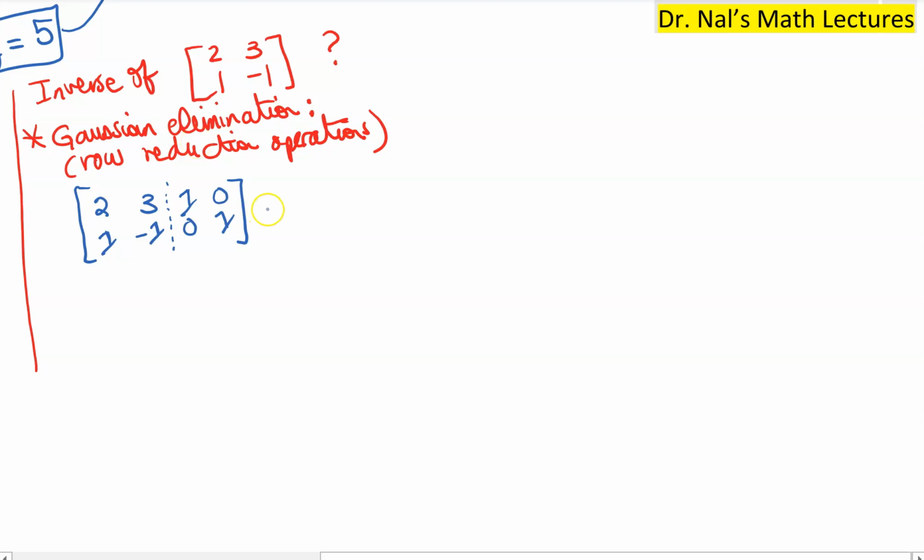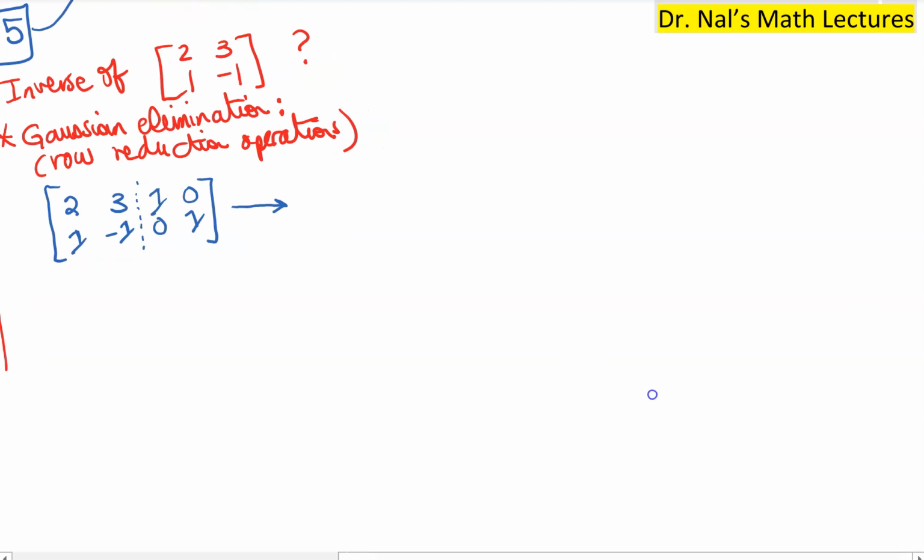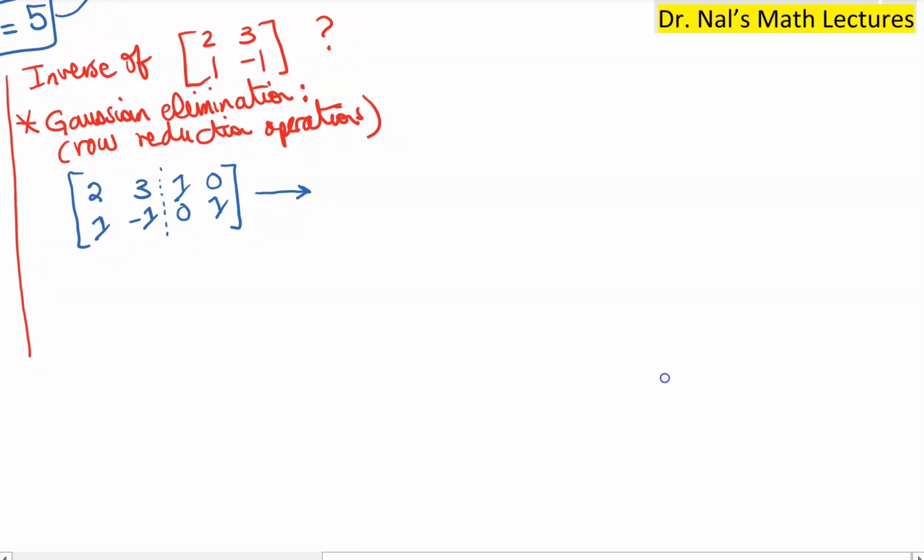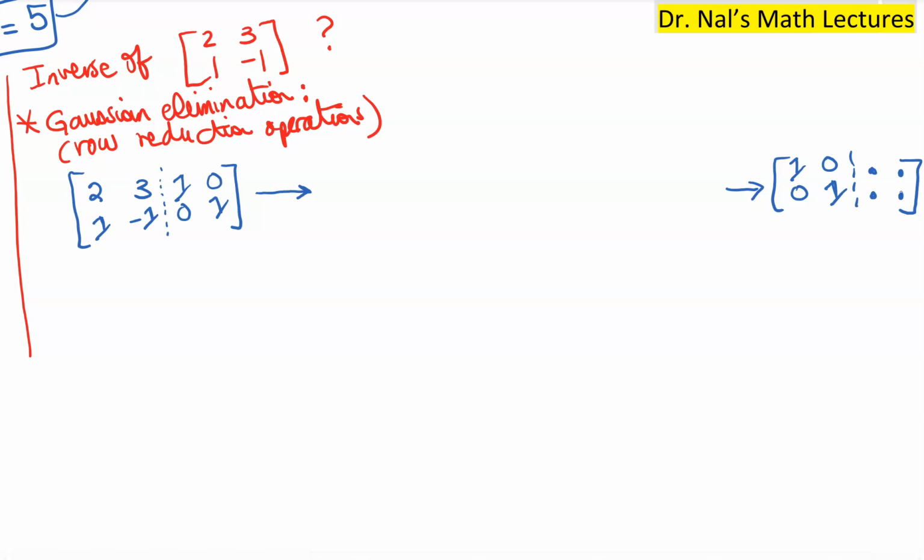So what I will do is row reduction operations to this, right now 2 rows and 4 columns, 2 by 4 new augmented matrix, in such a way that ultimately, after I'm done, it will take me multiple steps. At the end of all these steps, what I want is to have this 2 by 4 matrix, but this time on the left hand side, I want 1, 0, 0, 1, and whatever are these entries over here will turn out to be the inverse of that matrix 2, 3, 1, minus 1.